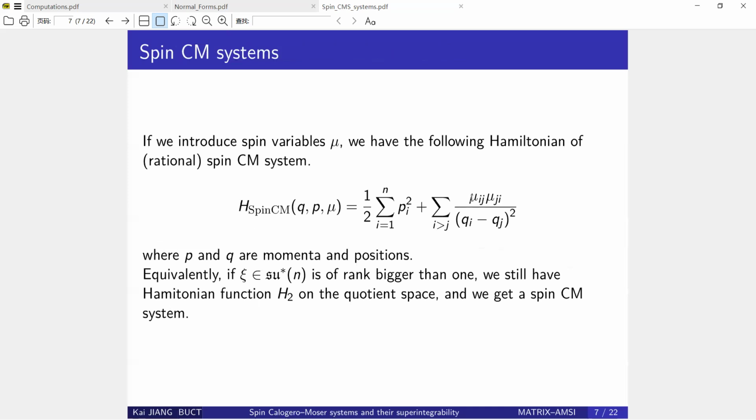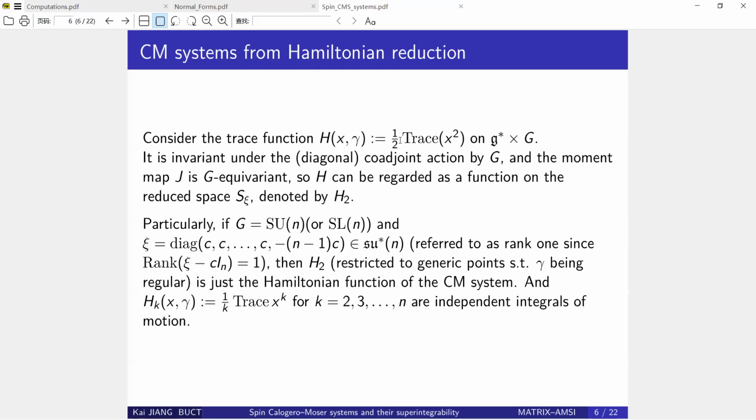But in this case, we cannot say that it is still Liouville integrable. It is not possible, because we can still define the trace functions H_2, H_3, H_4 up to H_n, and we still have n minus one independent functions which commute pairwise.